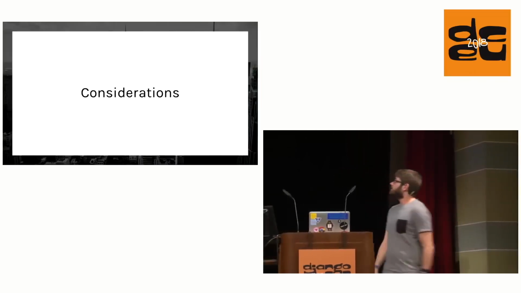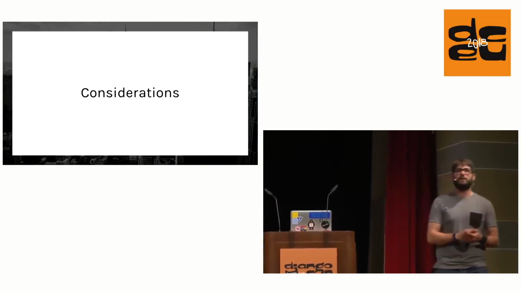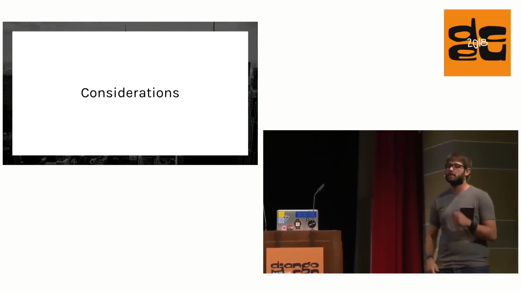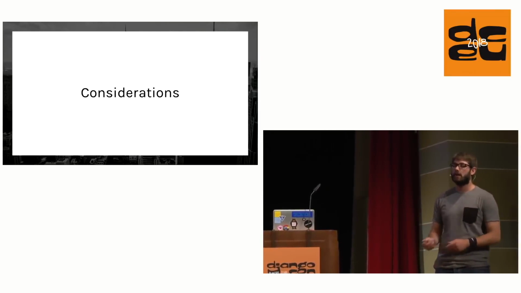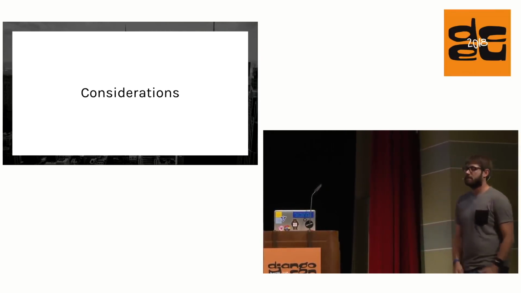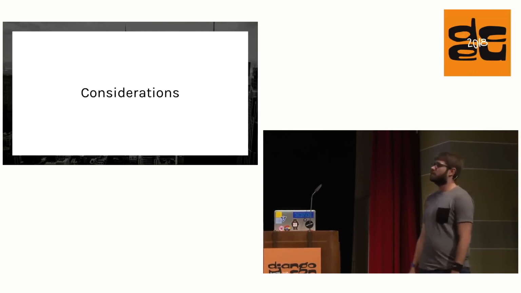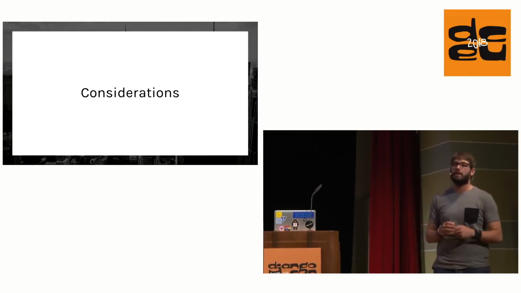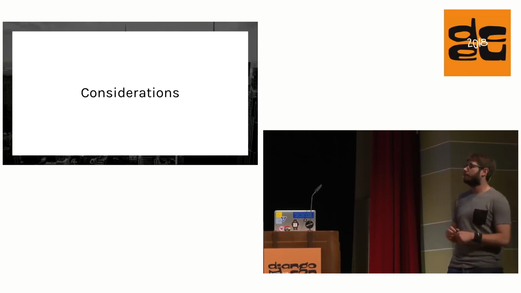Some considerations. I've been using GraphQL for more or less a year in a couple of projects, and we are using it in other projects that are still being built. I think it's quite handy, especially if you have to work with many developers, because I really love the fact that you have documentation built in.